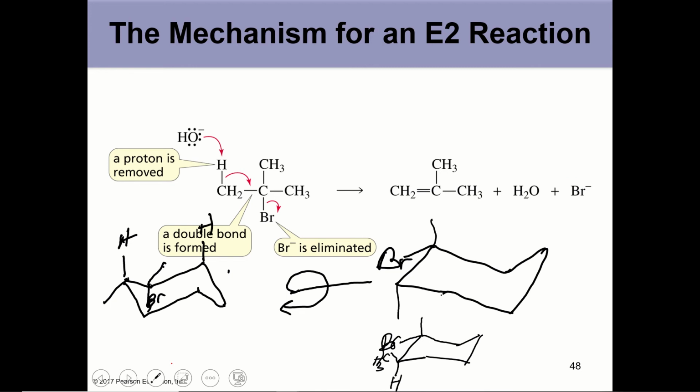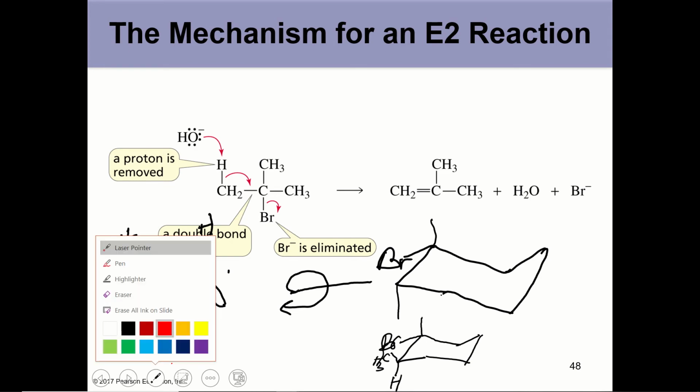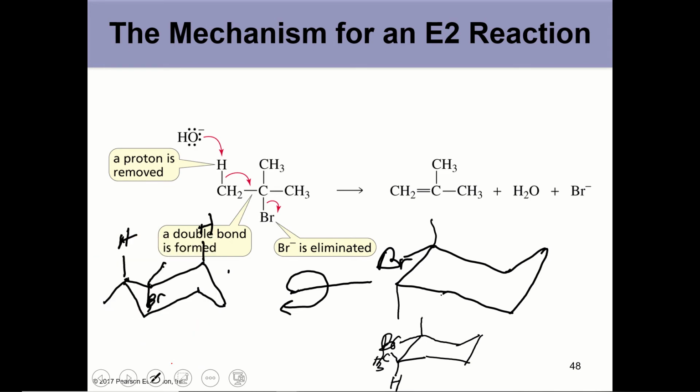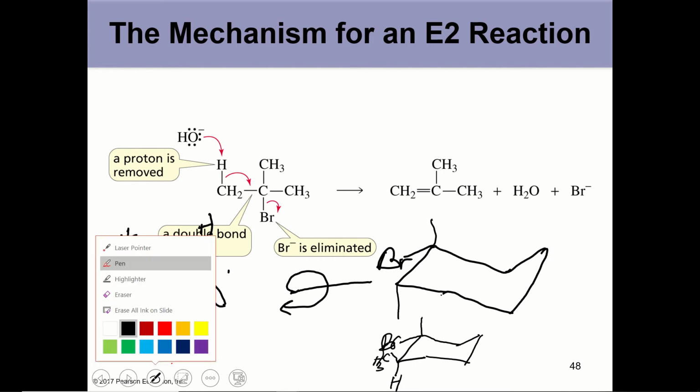Now this can be significant when we have a chiral carbon, because the hydrogen that is removed for an E2 mechanism must always be anti to the halogen that is kicked off. For example, if we have a substituted halogen ring, in a ring the hydrogen and the bromine that are kicked off must always be axial for an E2 mechanism.